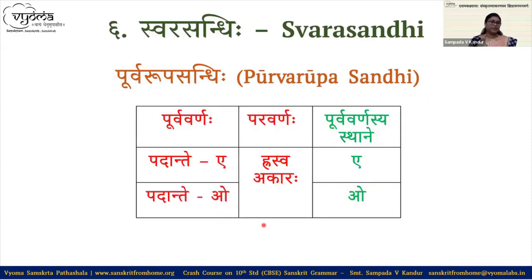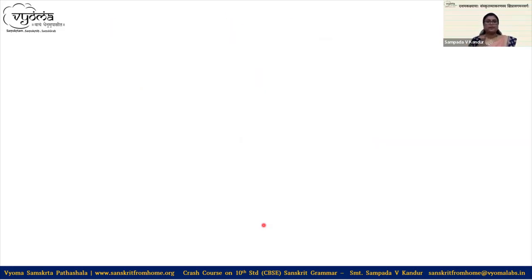One more is remaining. So Purvarupa Sandhi. So what is Purvarupa Sandhi? See here. When in Purvavarna we have A or O and in Paravarna we have Hrasva Akara, remember it is Hrasva Akara, then Purvavarnasya sthane A and O. At the place of O it is O only.